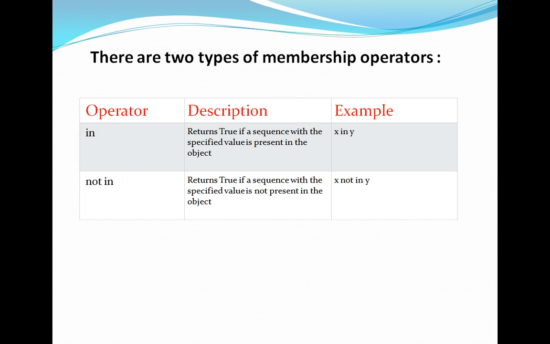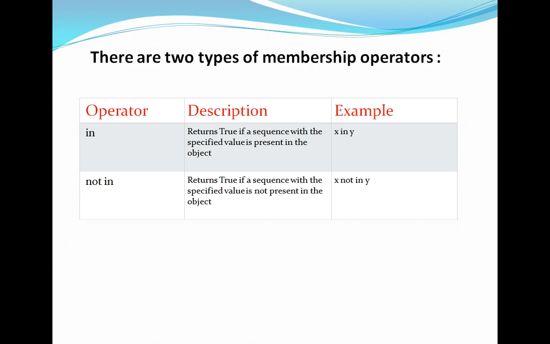Again, membership operators are further divided into two types, that is in and not in. Not in operator is the reverse of in operator. In operator will return true if the specified value is present in the list, in the object.